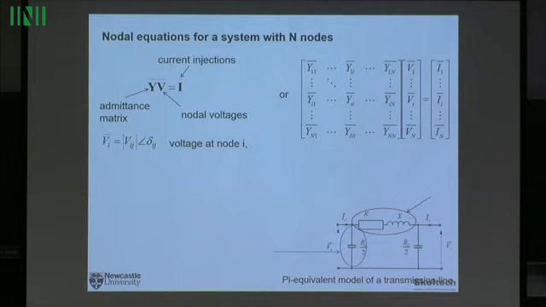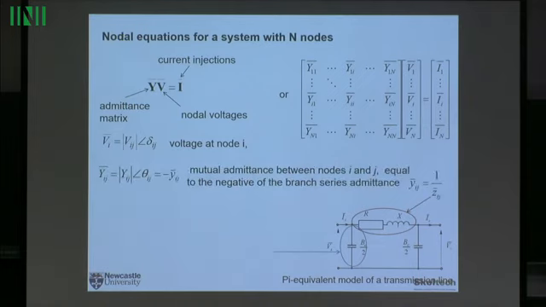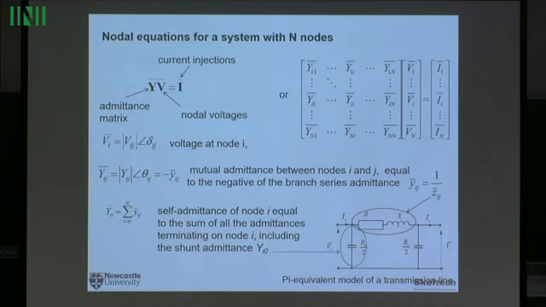Voltage is represented as a complex number. Current, and the admittance, will have some magnitude and inductance. And those elements make up the nodal admittance matrix.